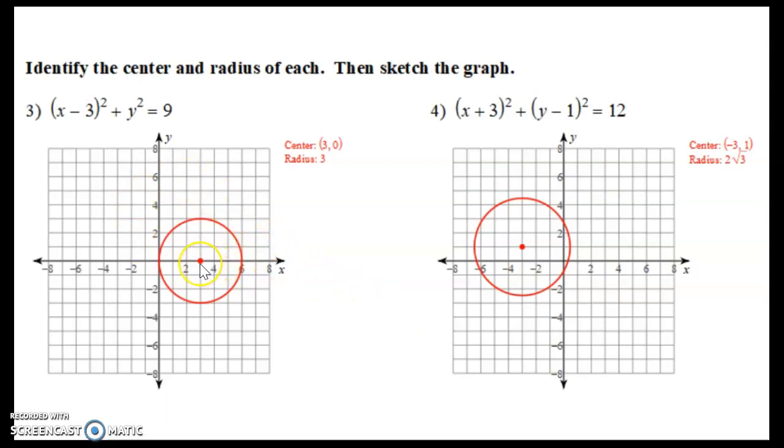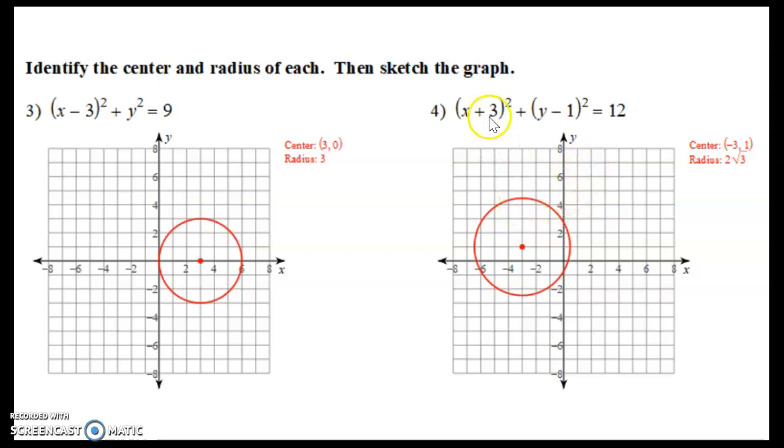Here we go. The center is (3, 0), and the radius is square root of 9, which is 3. So I start off with the center and go 3 to the right, above, to the left, and below. Mark my 4 points and then draw a circle joining those 4 points.